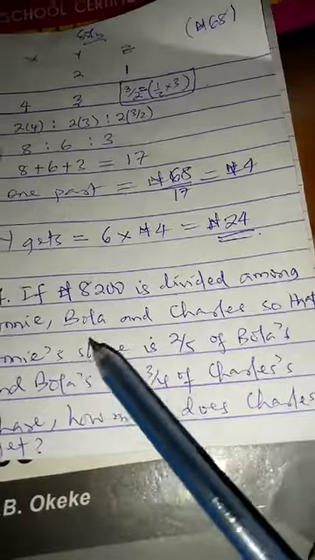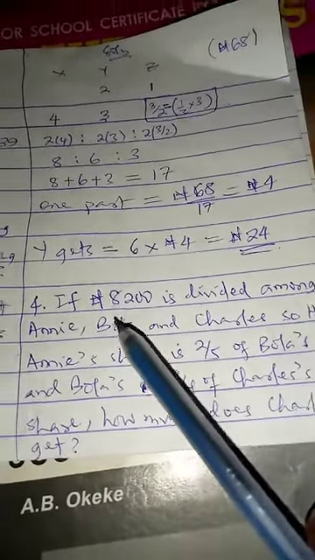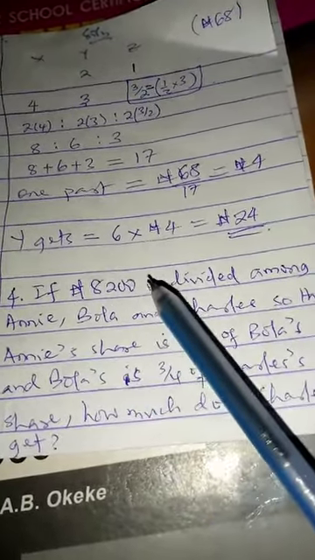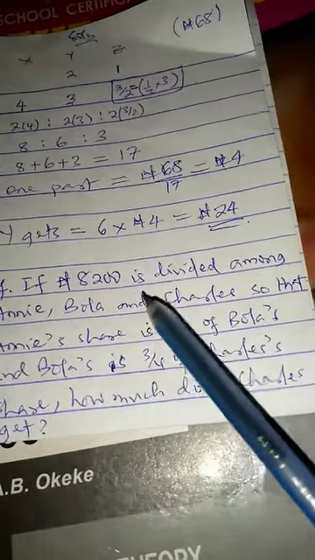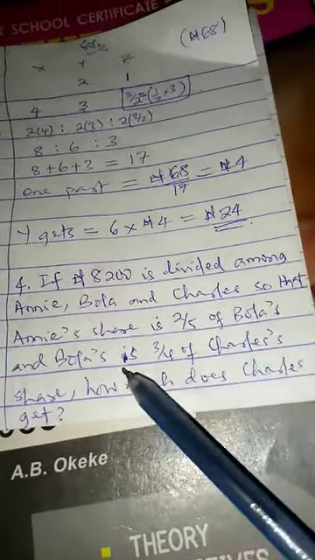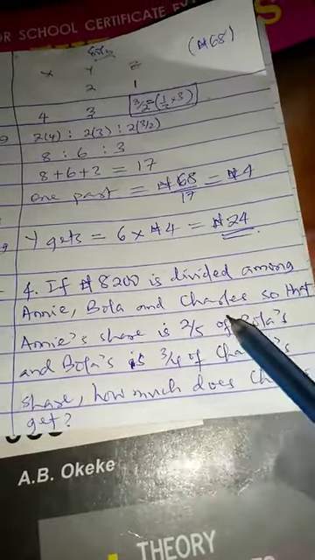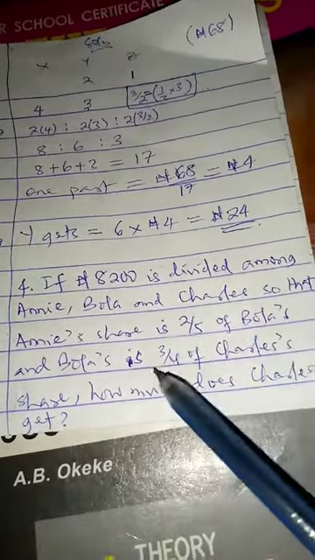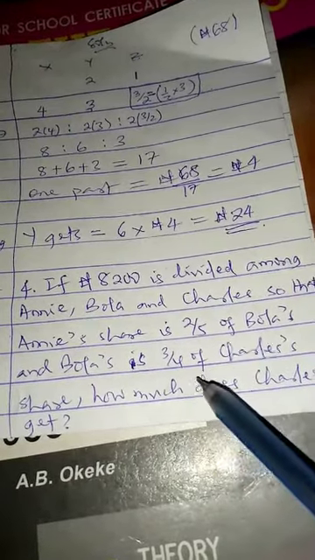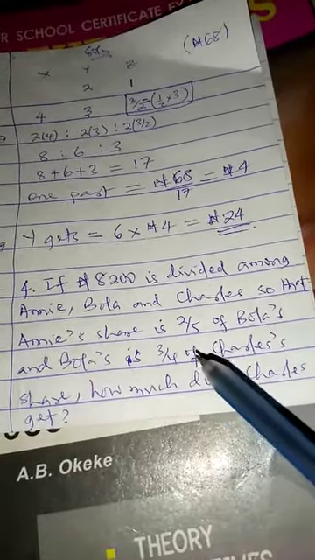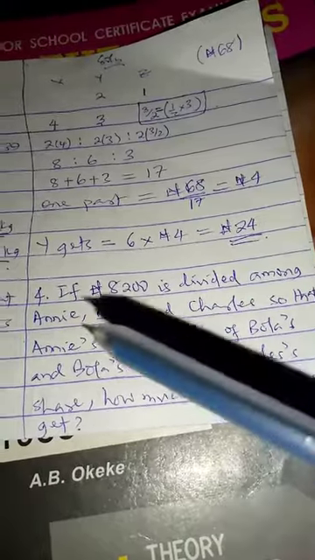Similarly, for example 4, if 8,200 naira is divided among Ani, Bola, Charles, so that Ani's share is 2/5 of Bola's, and Bola's is 3/4 of Charles' share, how much does Charles get?